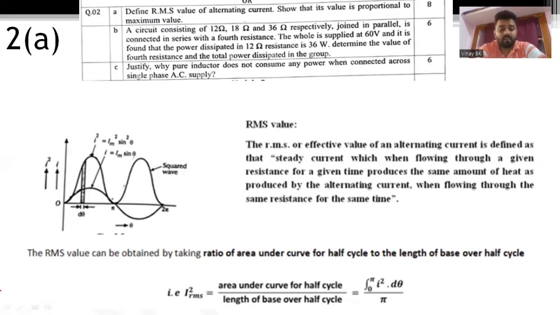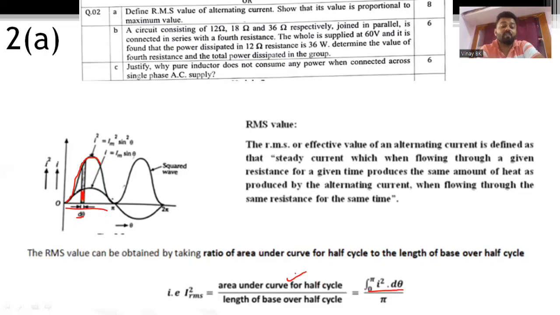The area under the curve for the half cycle, 0 to pi, is the integration from 0 to pi of I square d theta.